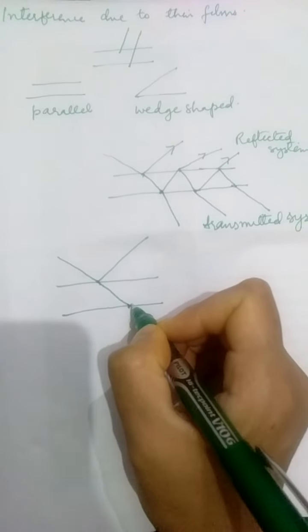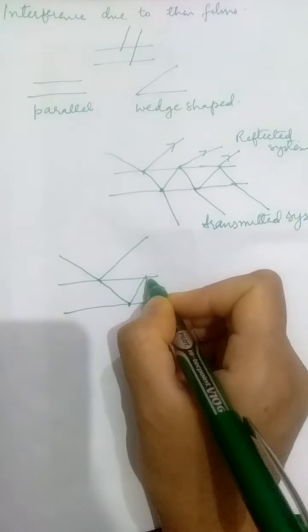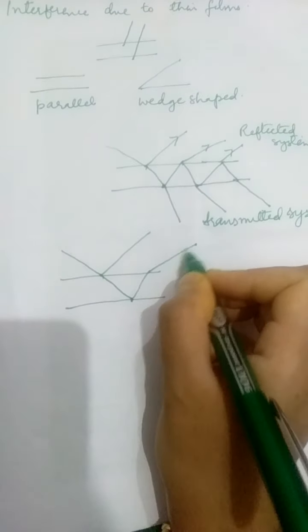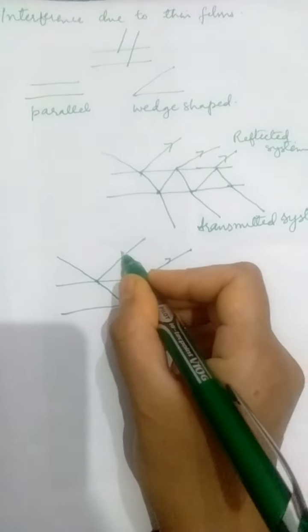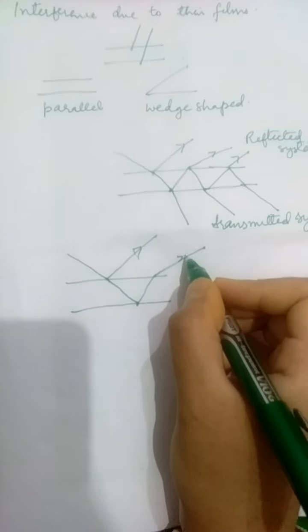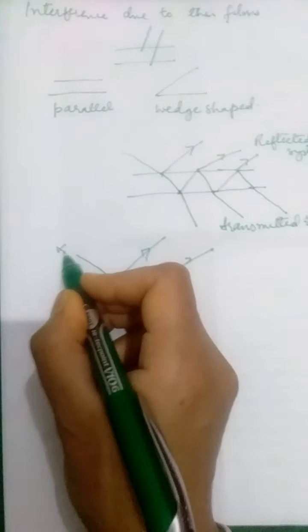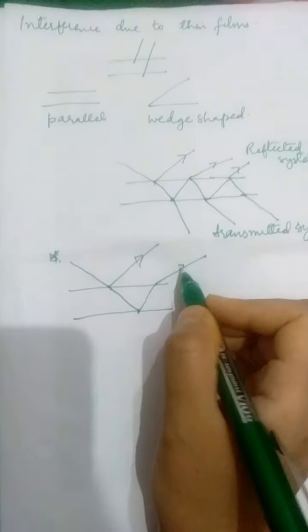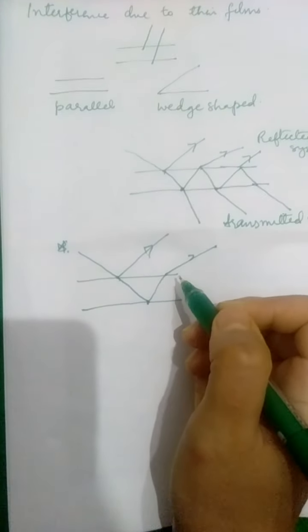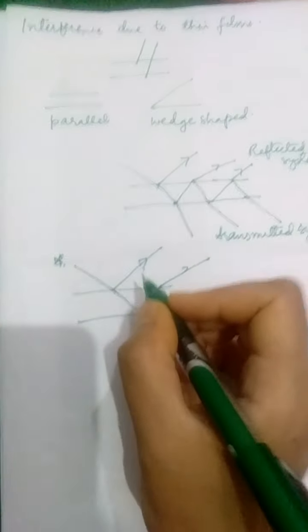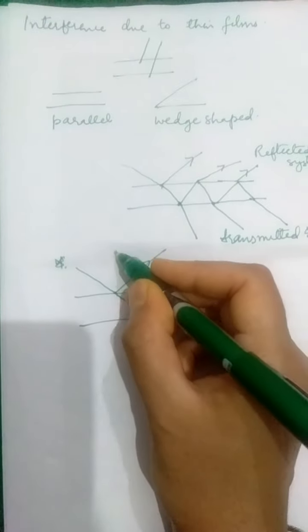Then at this point, it's again reflected, it's again transmitted, right? So we have a set of reflected rays. Since these rays are originating from a single common source, we say that these are coherent and they will produce an interference pattern, right? Now let's try to draw the normals wherever they are required.